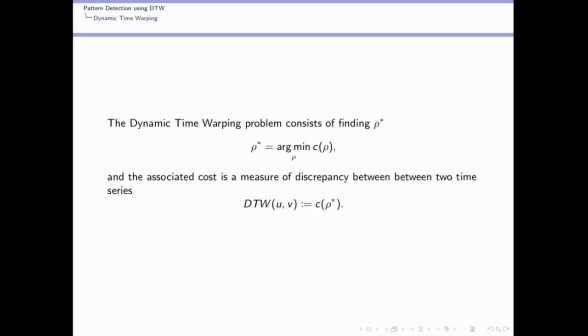So to conclude the definition, the dynamic time warping problem consists of finding the rho star, which will realize the minimum of this cost, and the dynamic time warping discrepancy is just that cost.